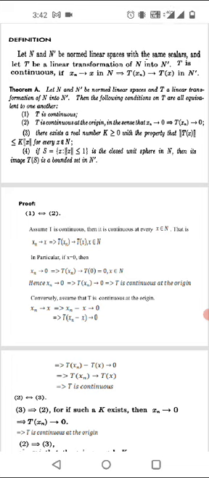Then we have xn converges to 0 and T of xn converges to T of 0. This implies T is continuous at the origin.